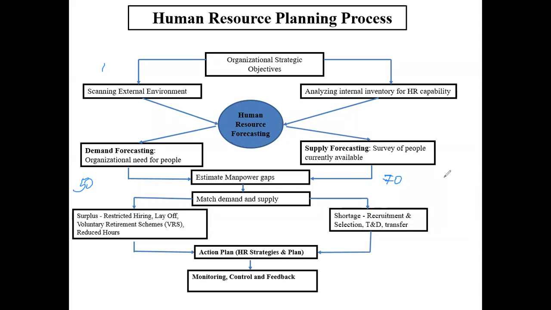Because we now have abundant resources, but we only need 50 of them, the outcome of this matching, that is matching the demand and the supply, will result in human resource surplus. So the 20 you get over here is called surplus of human resources.